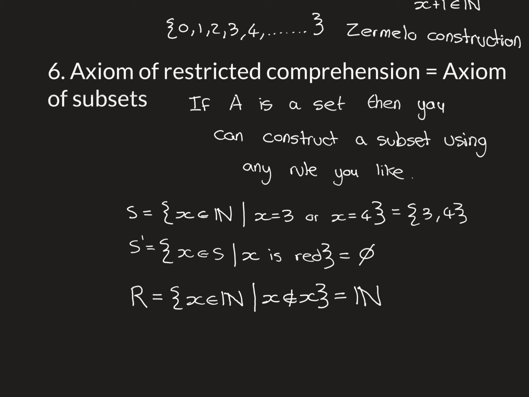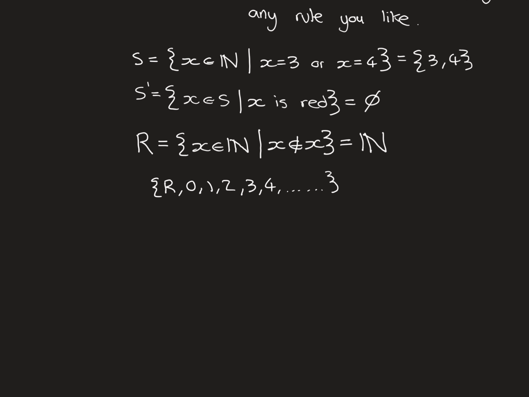So it's not the set containing x, it's the set containing x minus 1. So it doesn't contain itself. So in fact, all of the elements of the natural numbers obey this criterion, and therefore we would get the whole set back again. So now we can ask the question, is R going to be inside itself?